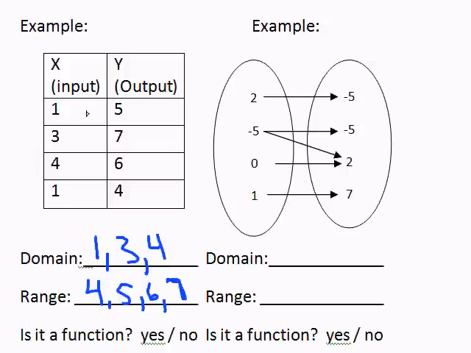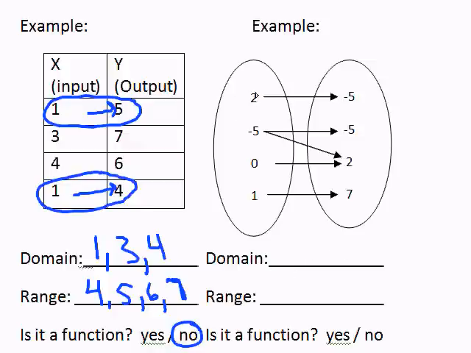Well, no. Why not? The number 1 on our input side goes to the number 5. But the same number 1 goes to 4. Since the number 1 goes to two different numbers, one goes to 5 and one goes to 4, it is not a function.